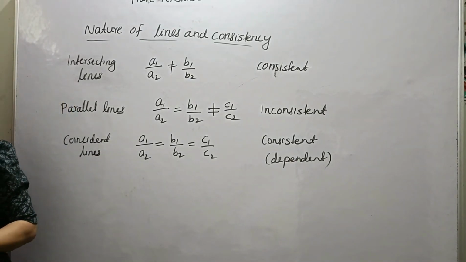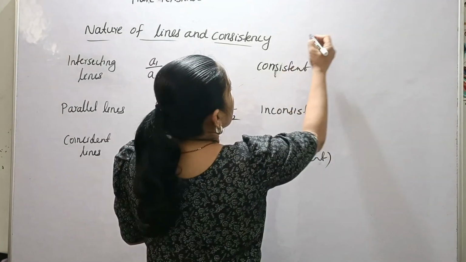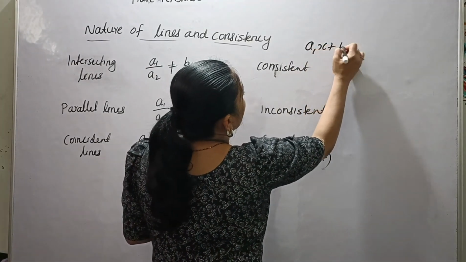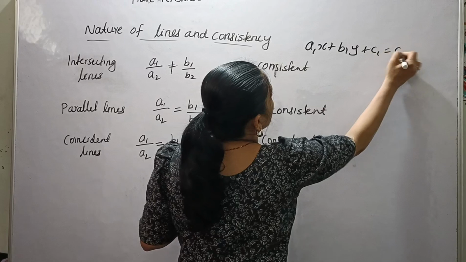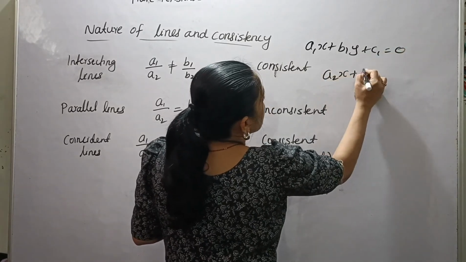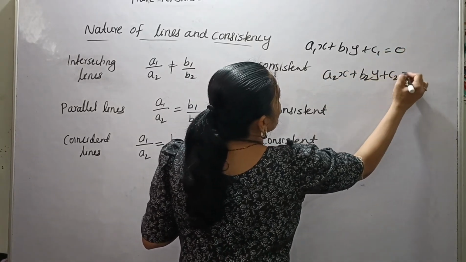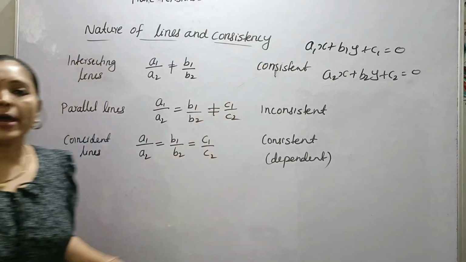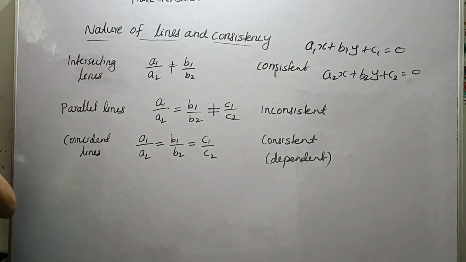Now let's see what the nature of lines and consistency is according to the given system of linear equations. A pair of linear equations: a1x plus b1y plus c1 is equal to 0, a2x plus b2y plus c2 is equal to 0. These are a pair of linear equations in two variables.